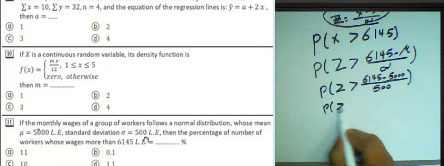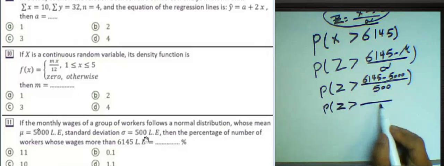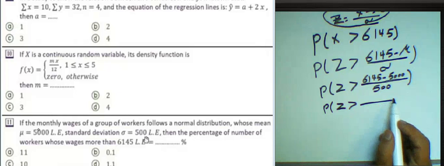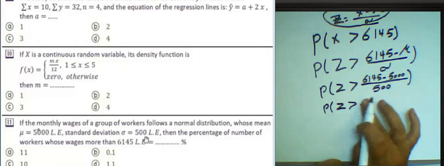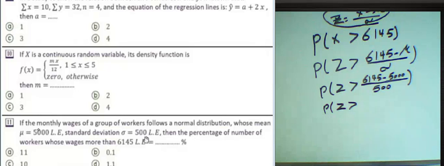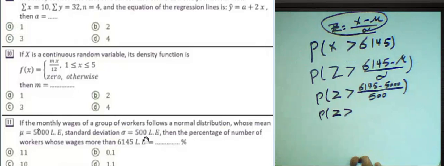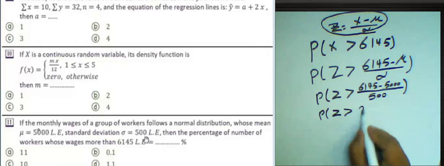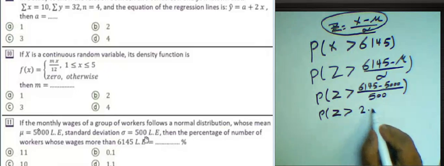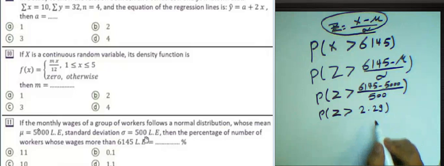Then the probability of z greater than the difference divided by 500. We can use a calculator to find the result. Using the calculator, the result will be 2.29.